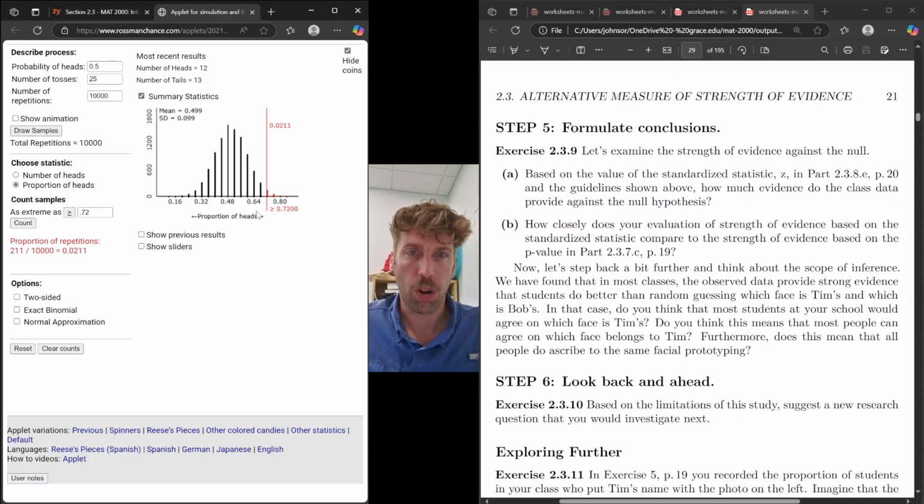I've got strong evidence for my standardized statistic because I got 2.22, and I have strong evidence because my p-value is 0.02, which is also strong evidence. So it matches up, it makes sense. They're very similar conclusions for both.